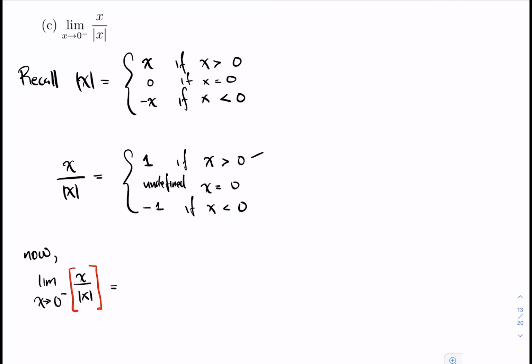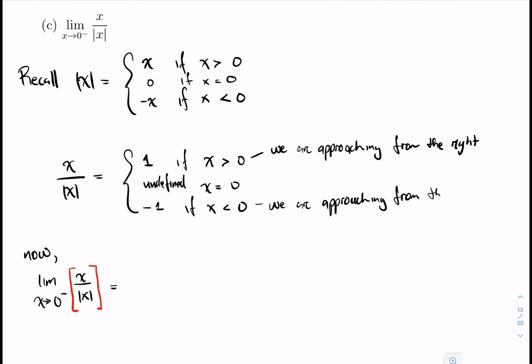If we are greater than 0, we are approaching from the right, and here we are approaching from the left. So therefore this limit is equal to -1, and that is our answer.